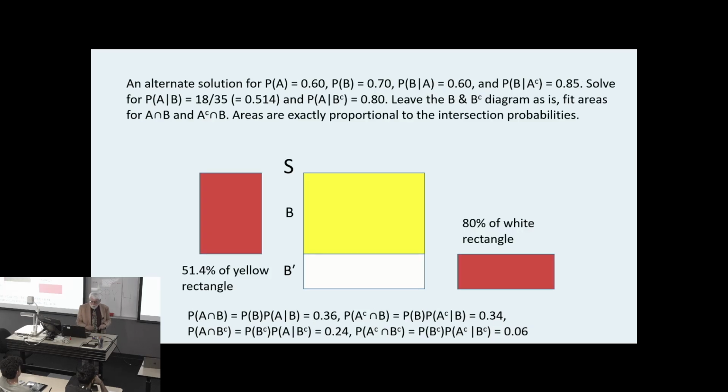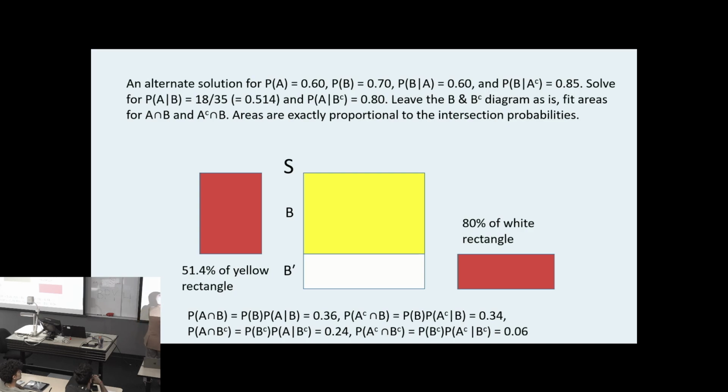An alternative solution is to lay out B first and then say, okay, what do I want to do there? Well, B is 0.70, and A is 18/35 of that, which is about 0.514.